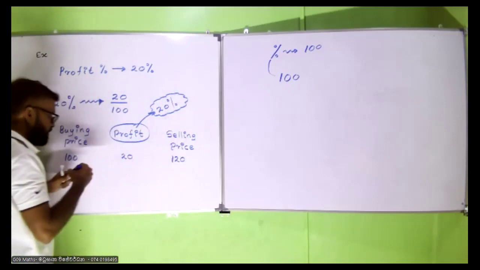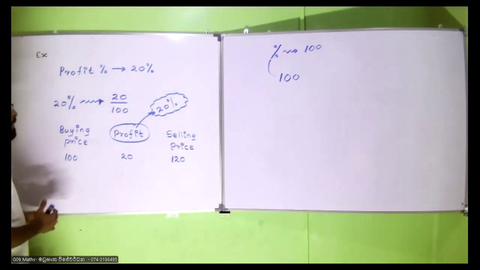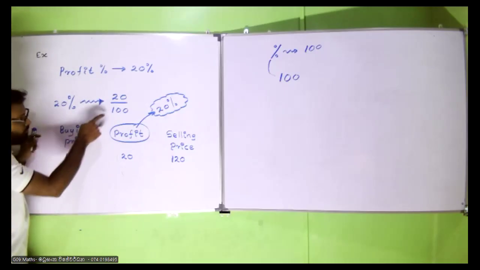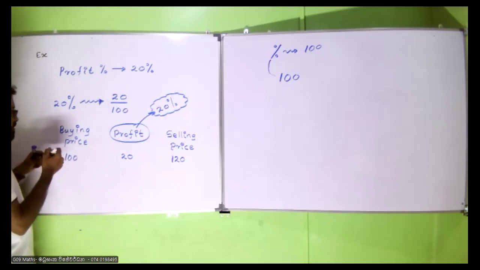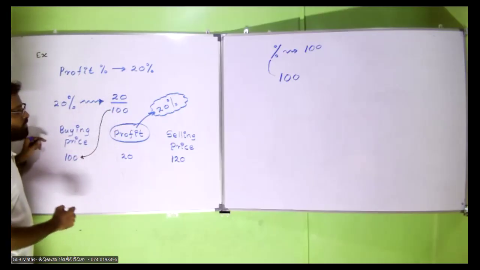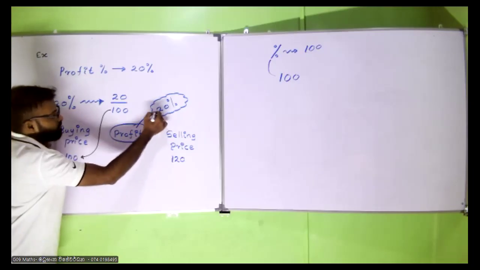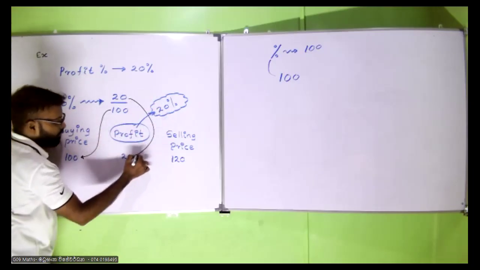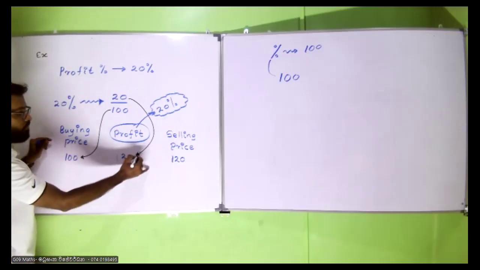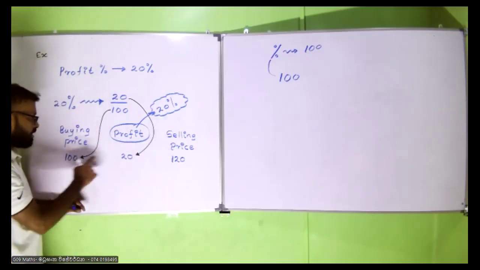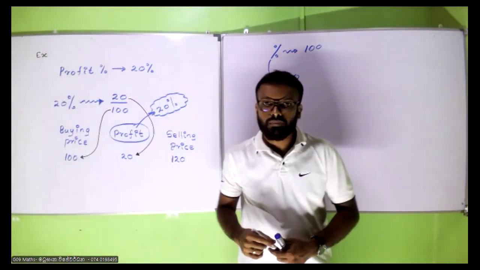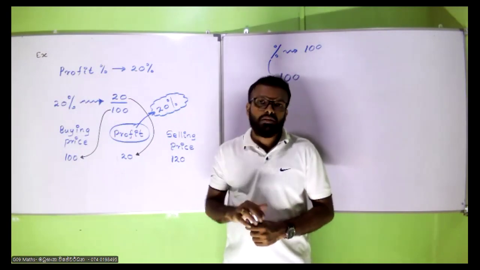Buying price is 100. Profit is 20 rupees. Then selling price is 100 plus 20, 120. So that is the meaning.